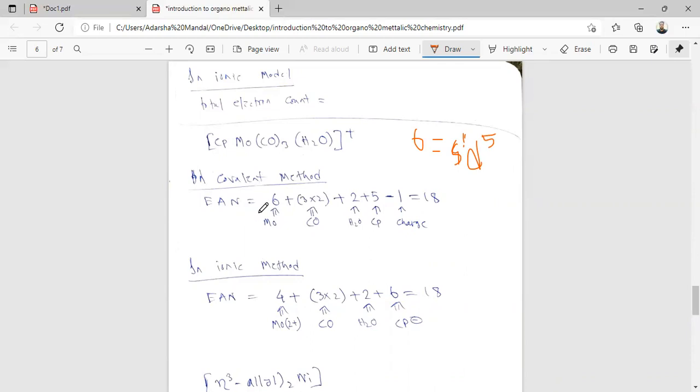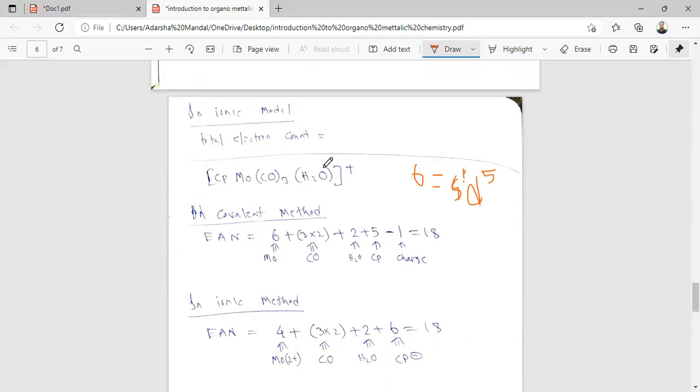So for the covalent method, we first have to identify the group number of molybdenum.